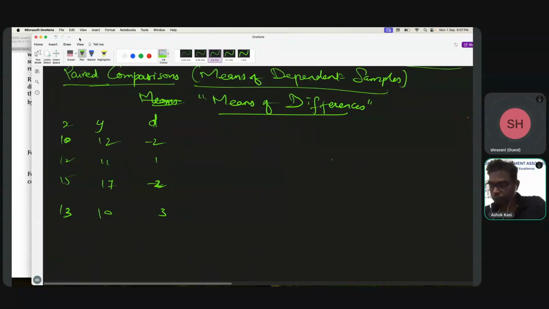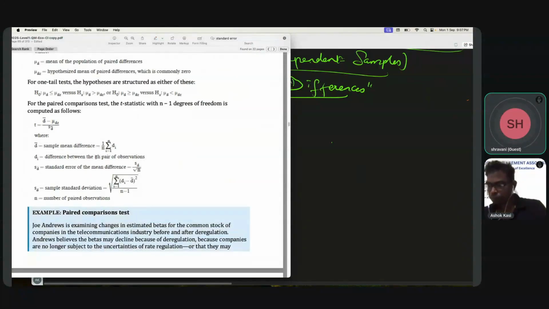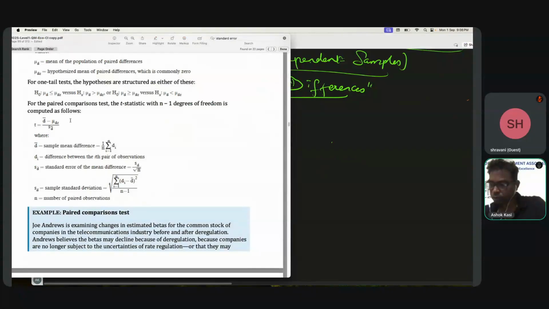Means of differences. D minus D bar, the whole square.